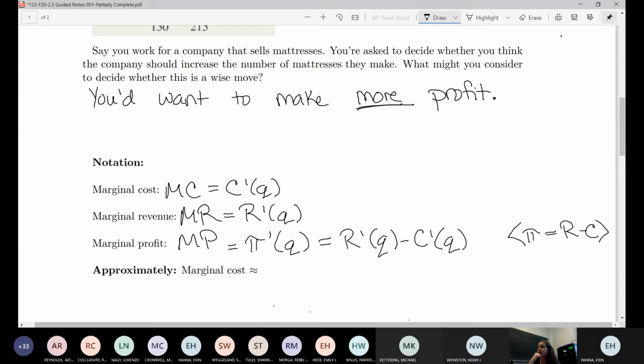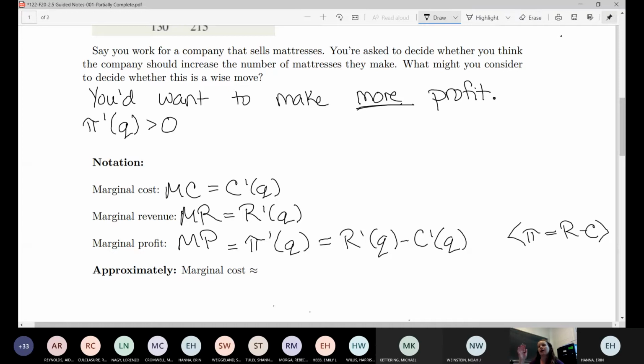So if I pop back up to this idea we were just talking about, if we wanted to make sure we were making more profit than we were before, we'd want to look at whether or not the marginal profit was positive. Because that'll tell us if we make one more item, how much more or less profit we'll be making.